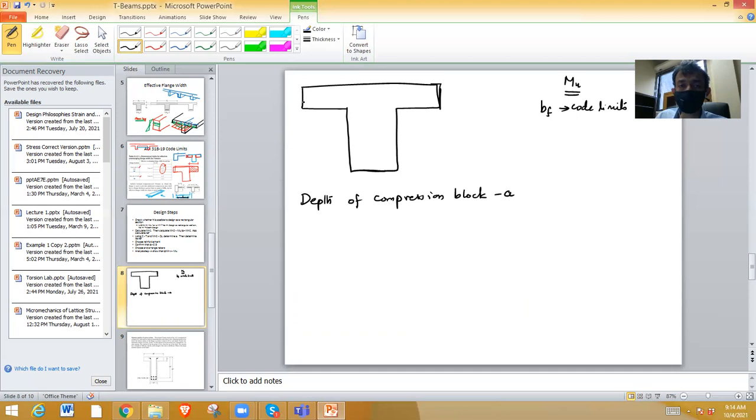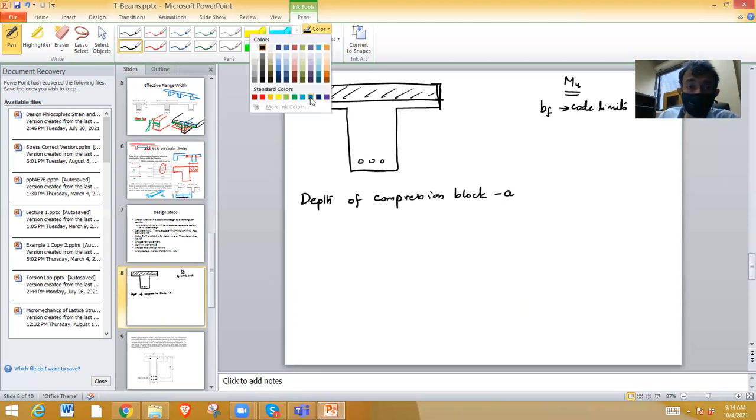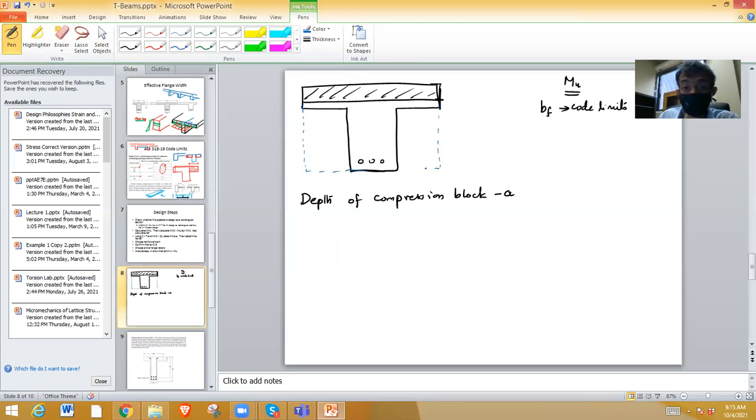Supposing the compression block is within the flange, then we can treat it as a rectangular beam whose width is bf and whose effective depth is the same as the T-beam.